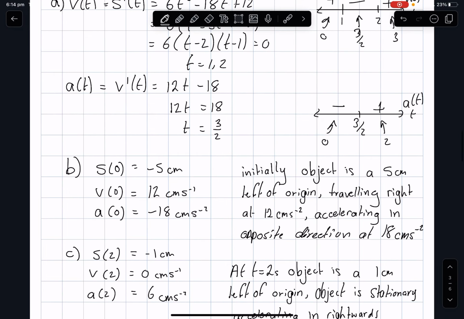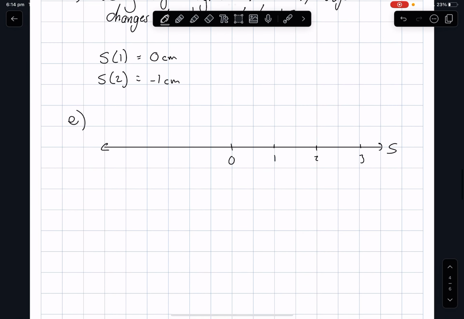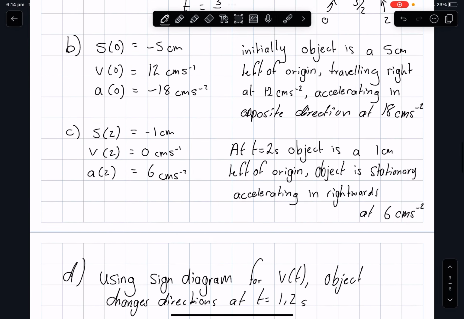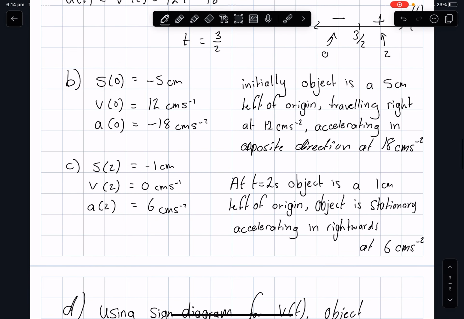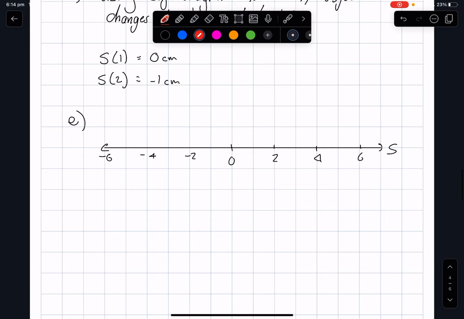Initially I was at negative 5, so that's probably not going to work too well. Let's do 2, 4, 6, negative 2, negative 4, negative 6. So initially at t equals 0, I was at negative 5, so I'm going to put my object at negative 5 somewhere.